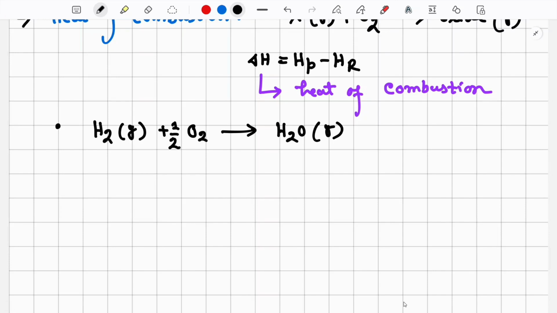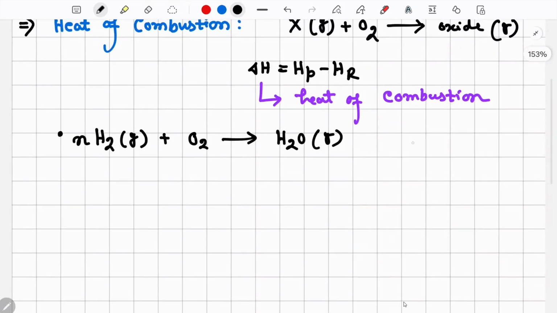If you multiply by 2, then the heat will be 2 times the heat of combustion. If it is n, then delta H is actually n times the heat of combustion, not the heat of combustion itself. You have to keep that in mind.